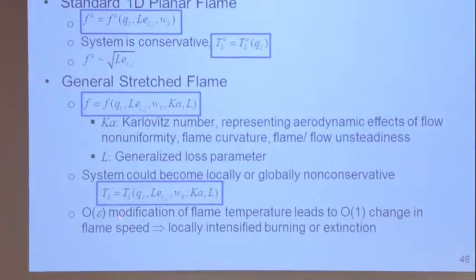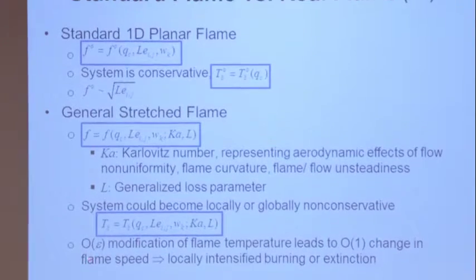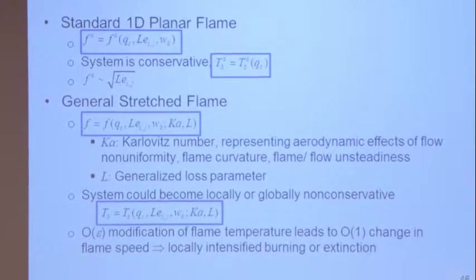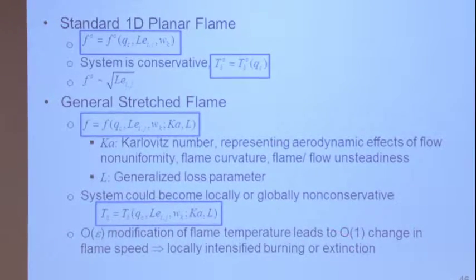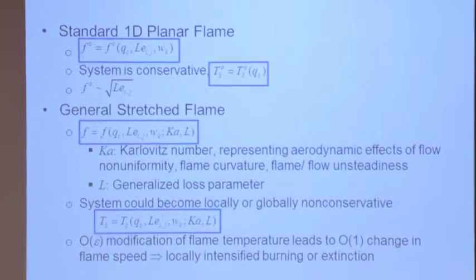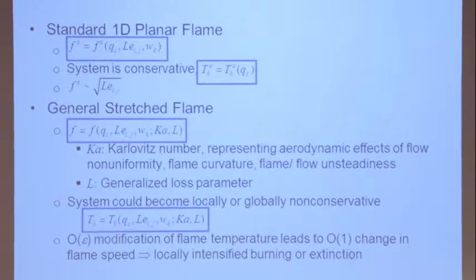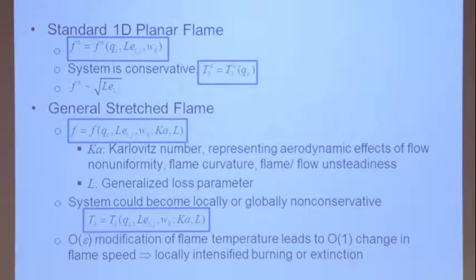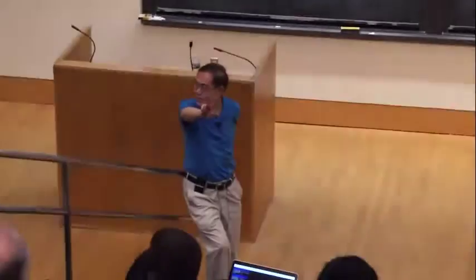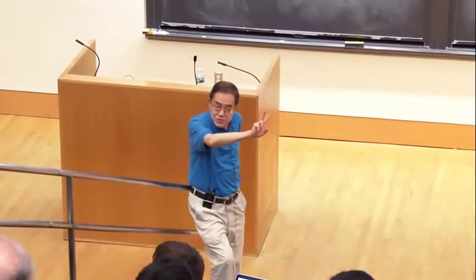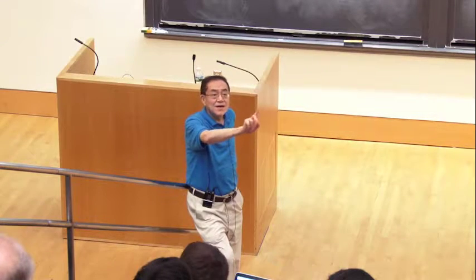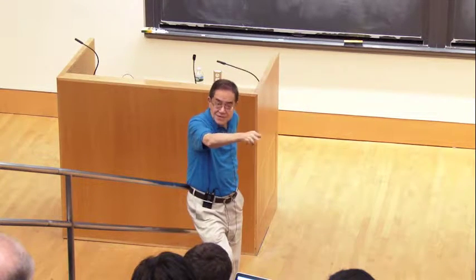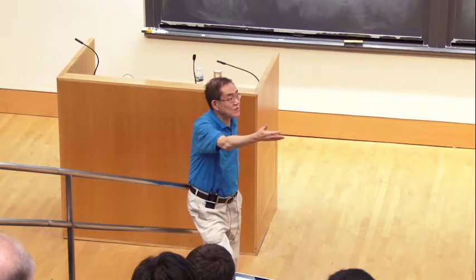And another thing you always want to remember: order epsilon modification of the flame temperature will lead to order 1 change in the flame speed. Is this clear? Because it's exponential. When you change the temperature by order epsilon, you change the burning rate by order 1. So you draw your extinction because the flame speed changes by order 1, it dies.